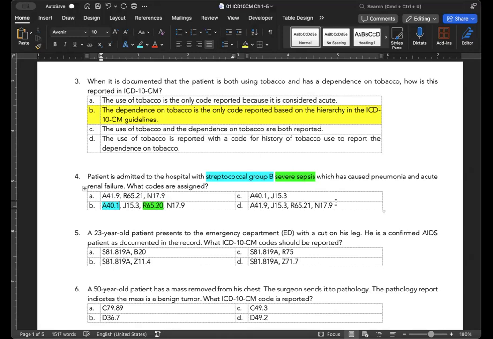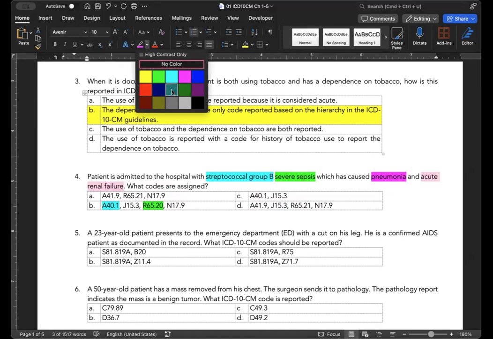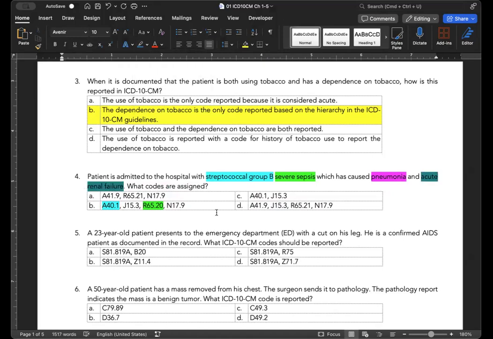And then additional codes for the associated acute organ dysfunction are also required. So our organ dysfunction at this point is going to be pneumonia and the acute renal failure. Does that make sense? So that's kind of our sequencing for these.